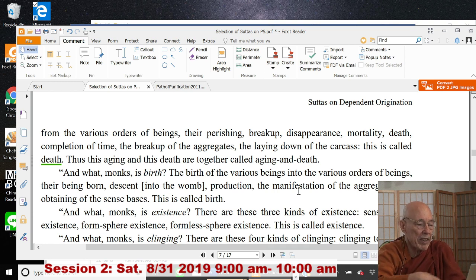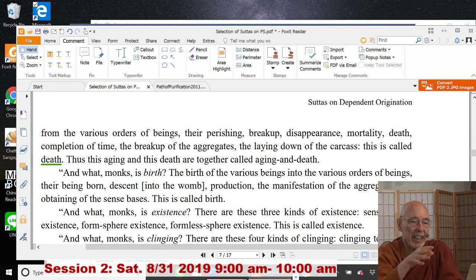So at the moment of conception, these 5 aggregates come into being. And then the last is the obtaining of the sense bases. So acquiring the sense bases.